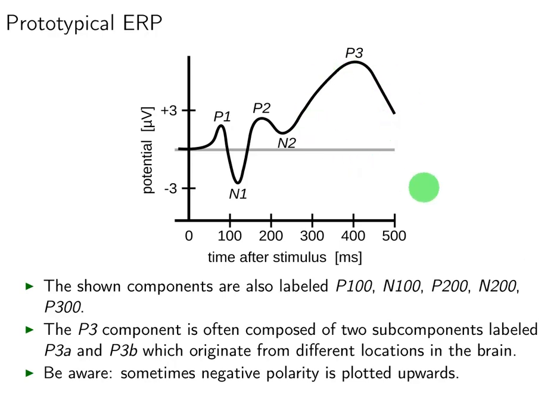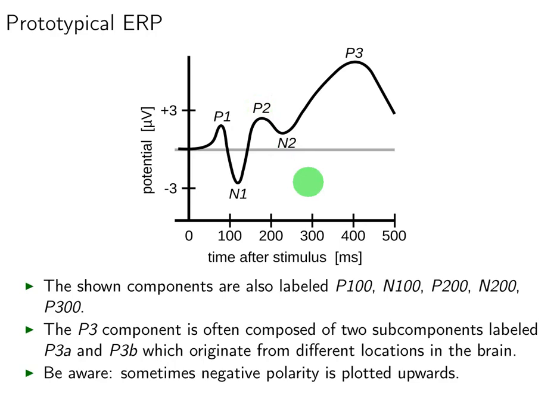It is also followed by a number indicating either the latency, for example in milliseconds, or the component's ordinal position in the waveform. P1 comes first, N2 comes second, so first positive, second negative.